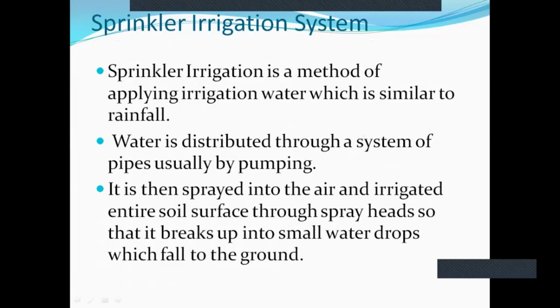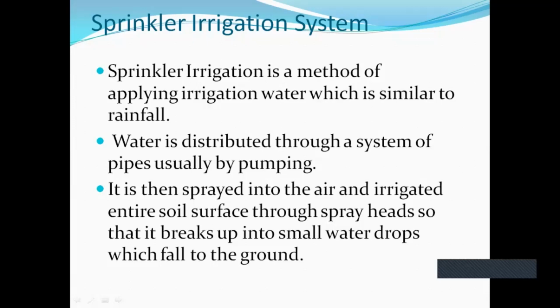You can see the water just falling in the form of rainfall. Very good. Sprinkler irrigation is a method of applying irrigation water which is similar to rainfall, as I said before. Water is distributed through a system of pipes, usually by pumping.